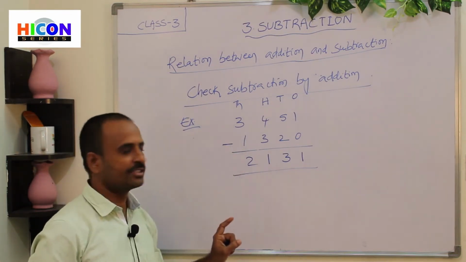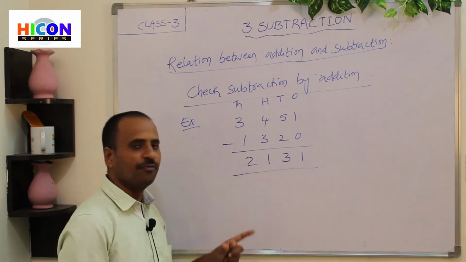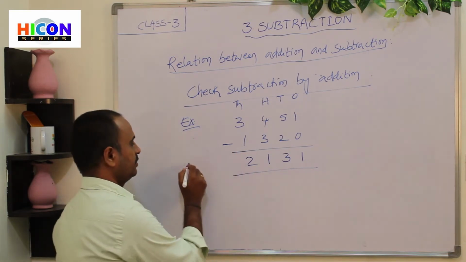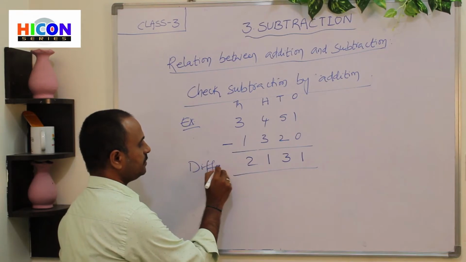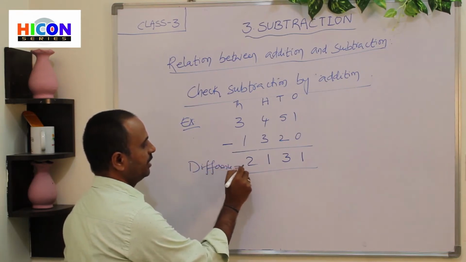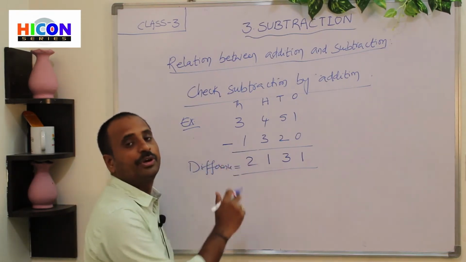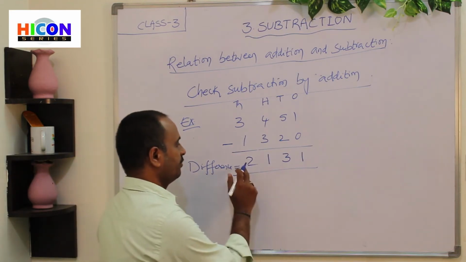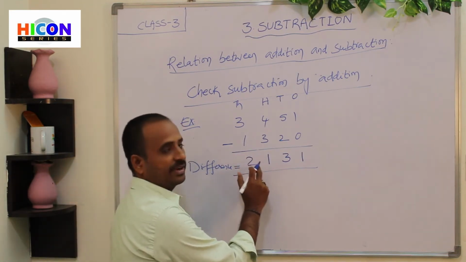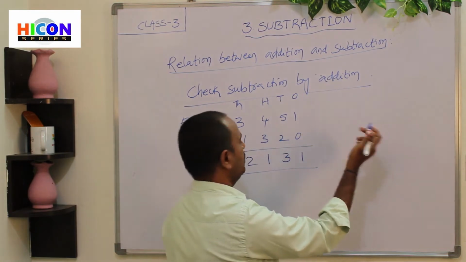This is the subtraction and this is the answer. Now we can check this answer. This is the difference, and we can check this subtraction by using addition. That is why we have to write this difference first. How can we add?